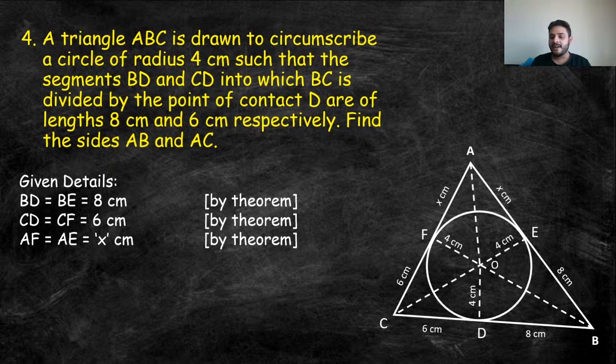So we can see that three triangles are formed here. One is AOB, one is AOC, and one is OCB. So these three triangles are drawn by connecting the dots to the center of the circle.